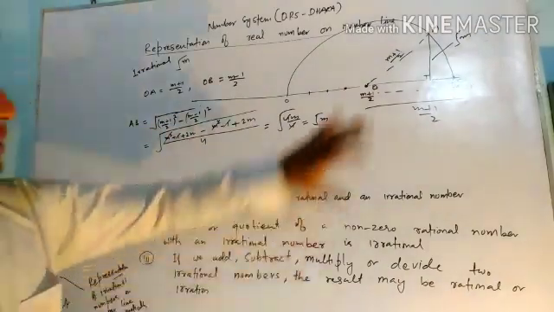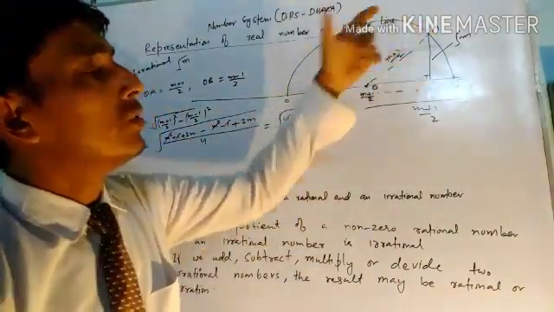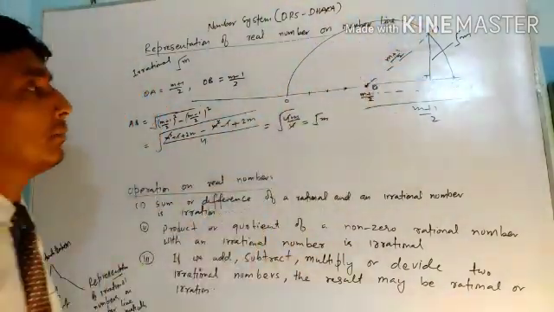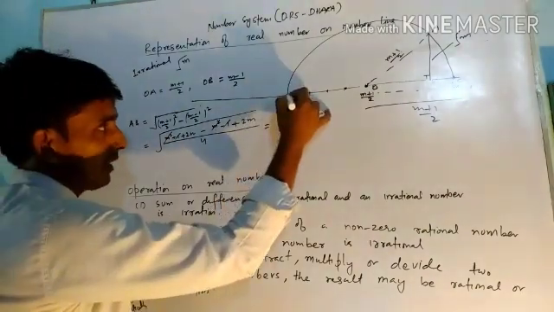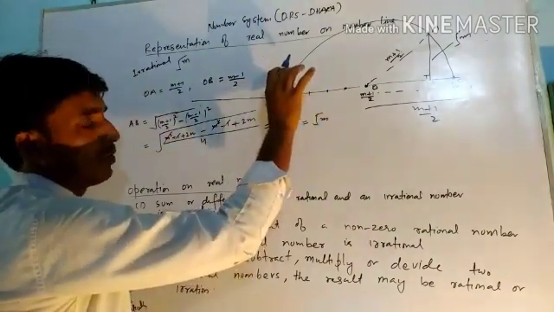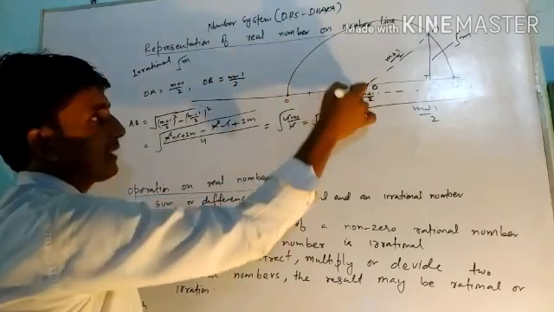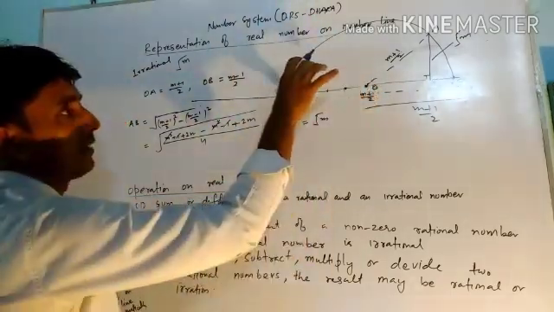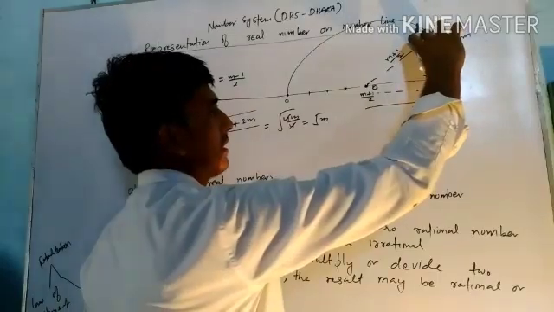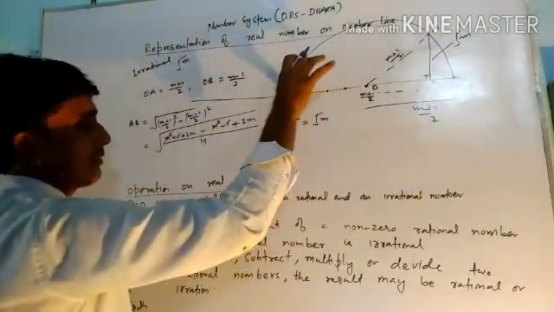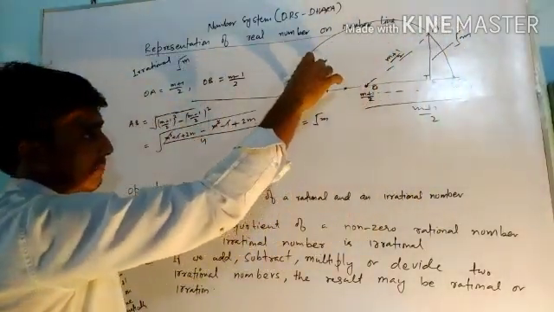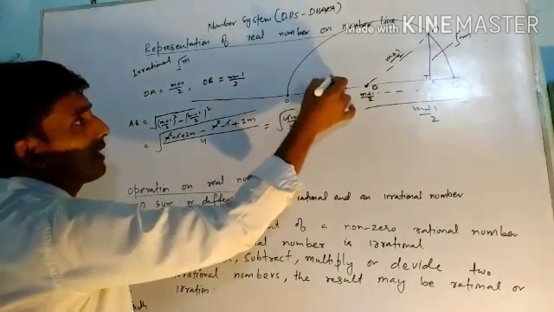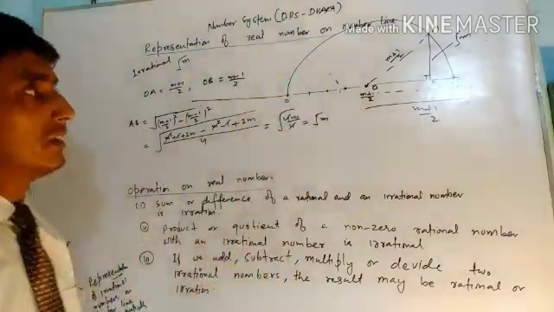So now, measuring this length AB, you will get the value of root under m. Now put the compass at the 0 on the number line and mark root under m on the number line. If you are measuring this length root under m, put your compass here and mark with the help of your marker.